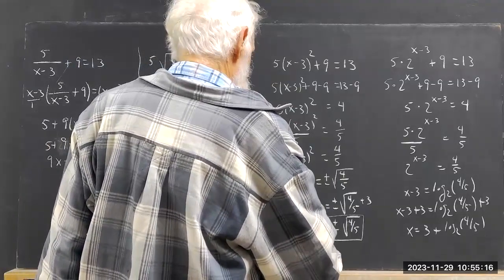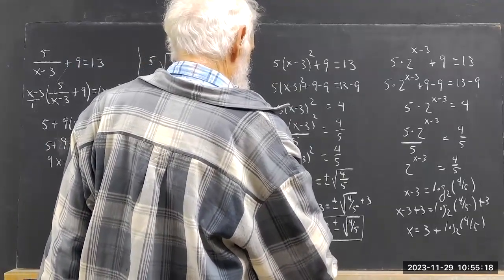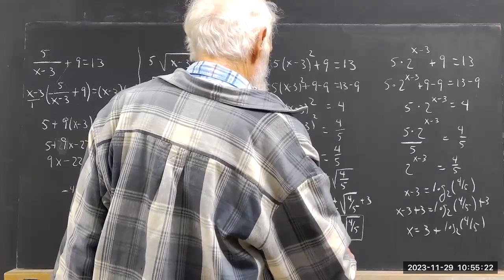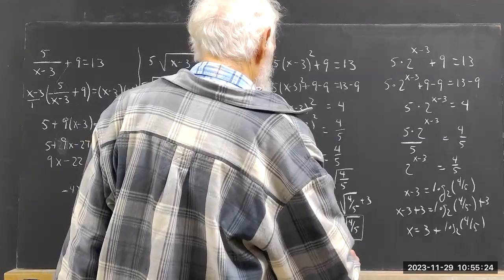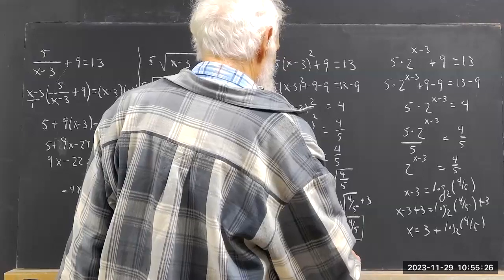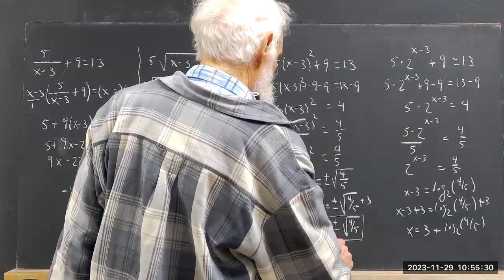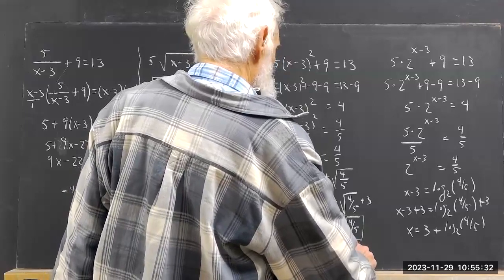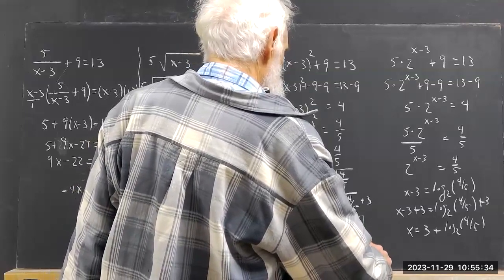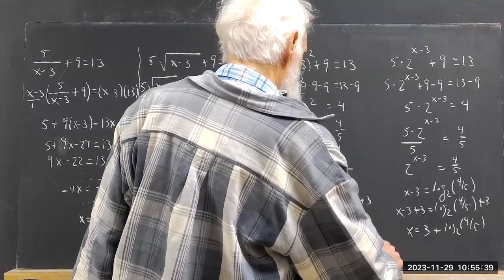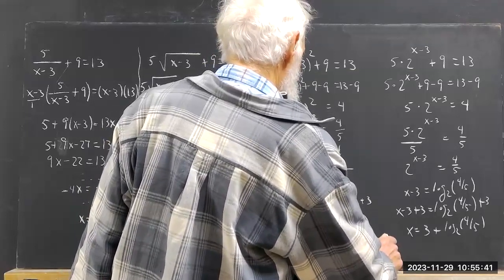Our solution set, if we want to write it out, would be 3 plus the square root of 4/5. It might be a little hard to read. 3 minus the square root of 4/5.